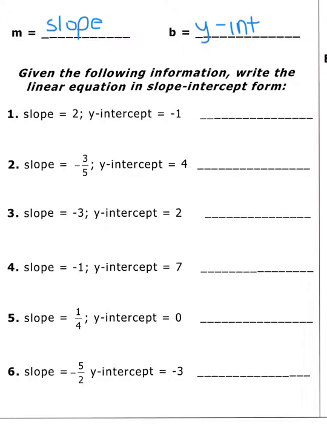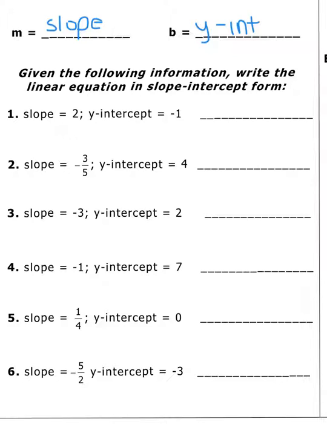If we look down at number 1, we're going to use the information we just talked about to write the linear equation in slope-intercept form. Number 1, we are given slope equals 2, and the y-intercept is -1. Up at the top we talked about slope-intercept form, y equals mx plus b.